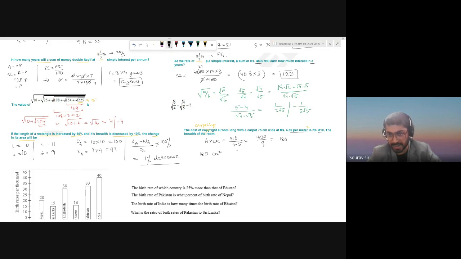Okay, now the breadth is given. Carpet 75 centimeter. So we have to find the other one. This sum is a bit... data is missing here. So this 180 is meter square. Right, so this is the breadth of the carpet.